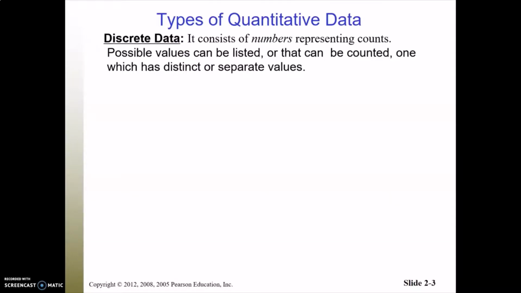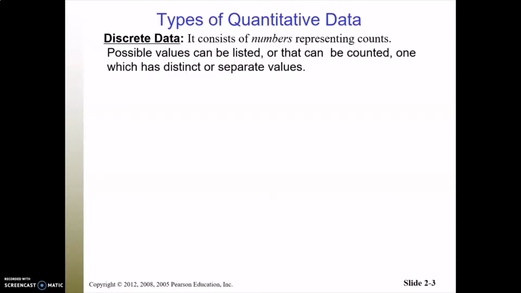For example, the number of students in my class, you can count them. The number of rooms in my house, the number of cars in your family. These are all data values which can be counted.